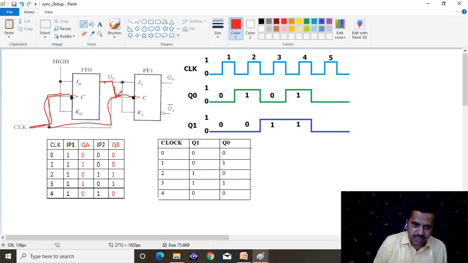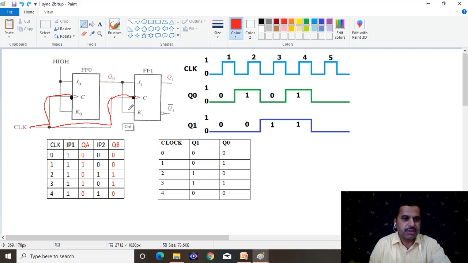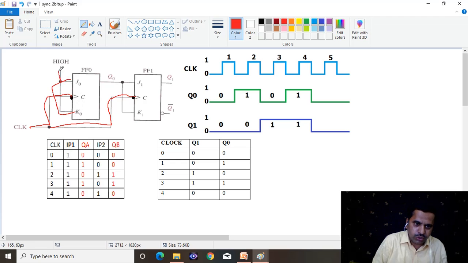In a synchronous counter, the clock is applied simultaneously to both flip-flops. Here, to make the JK flip-flop toggle, J and K inputs are connected together to logic 1.